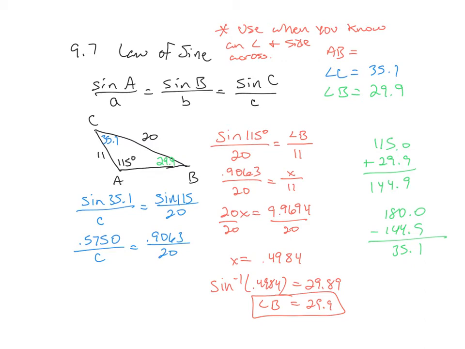Okay, so multiply the diagonals, and we get 0.9063C equals 11.5001. And then I'll divide that by 0.9063. And I get 12.6890.